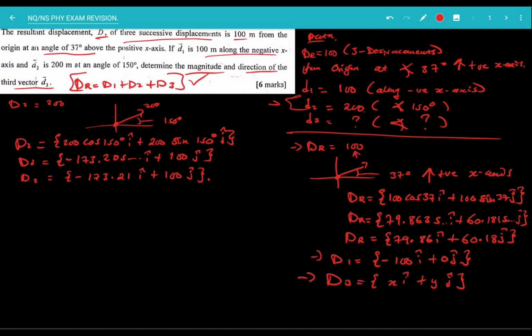Writing this same notation with our components, d resultant is equal to d1 plus d2 plus d3.